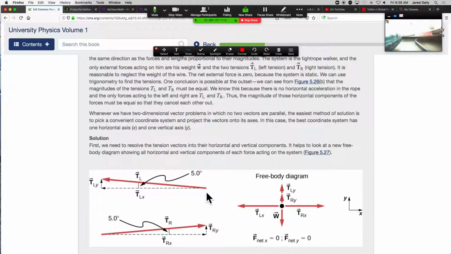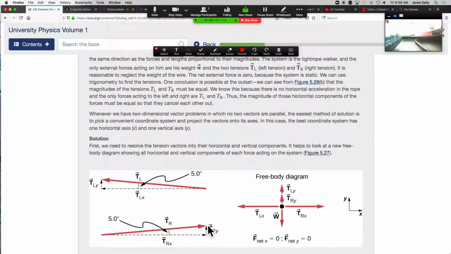But here are the forces that you're dealing with. You have the tension in the rope to the left side, tension in the rope to the right side, and the leftward component and the rightward component actually cancel each other out in this case, whereas the upward component of each of these forces is the thing that actually holds the tightrope walker up. These long right and left components make the rope really, really tight, but they don't actually hold the climber.